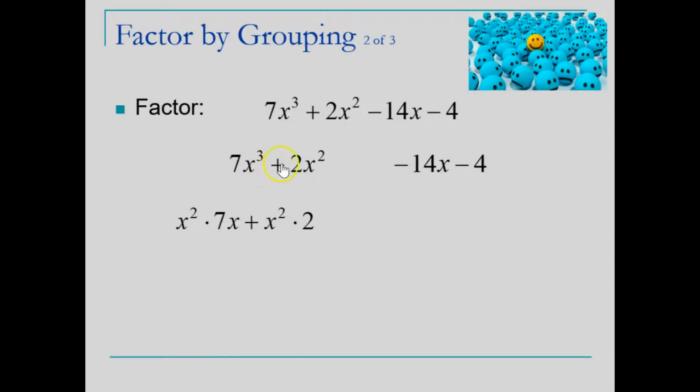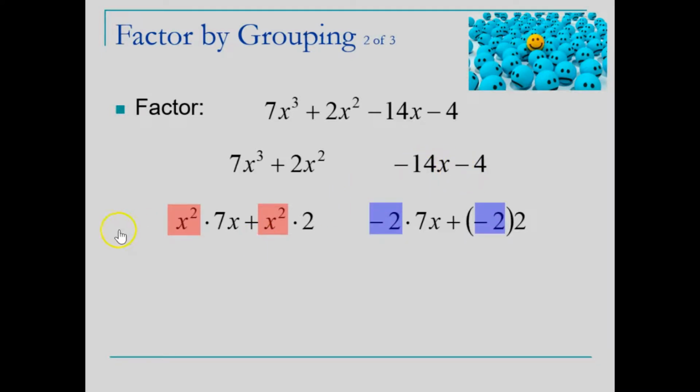The greatest common factor here is only in the variable x to the power of 2. For the last 2 terms, the greatest common factor is 2, but because it's negative, we're going to use a negative 2 to switch the signs, and we'll see why in just a minute.